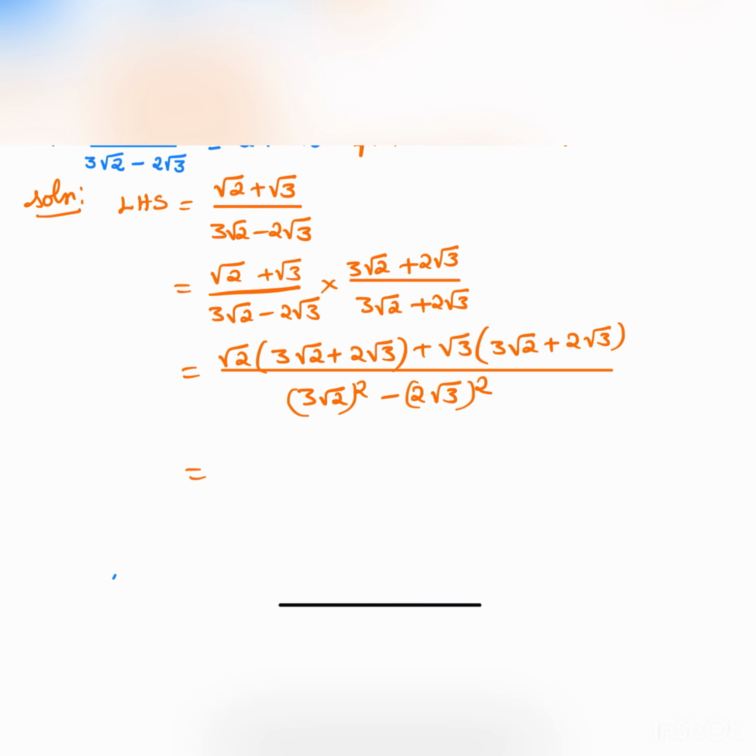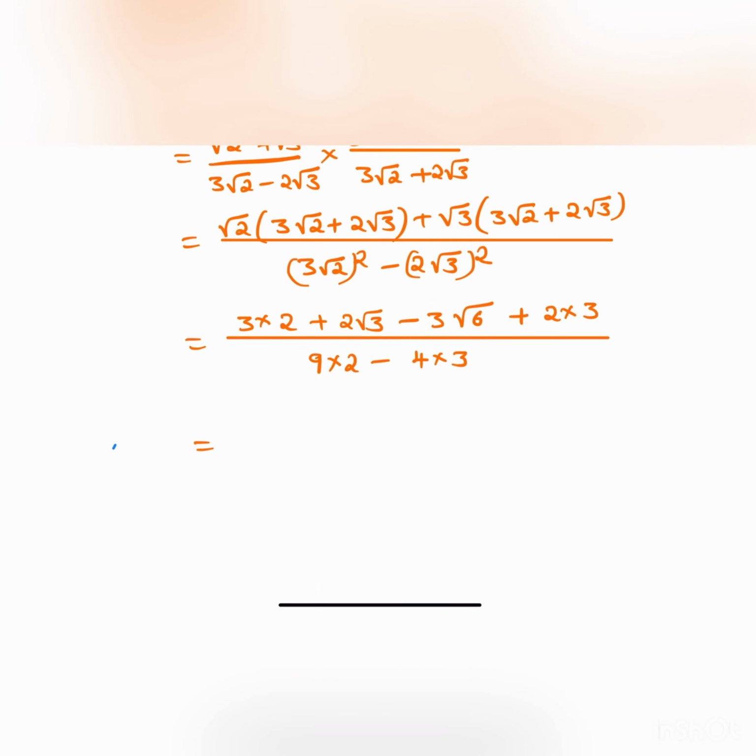It is 3 into root 2 into root 2 is 2, plus 2 root 3 into root 2 is 2 root 6, plus 3 into root 3 into root 3 is 3 divided by 3 root 2 whole square is 3 square is 9 into 2 minus 2 square is 4 into 3.